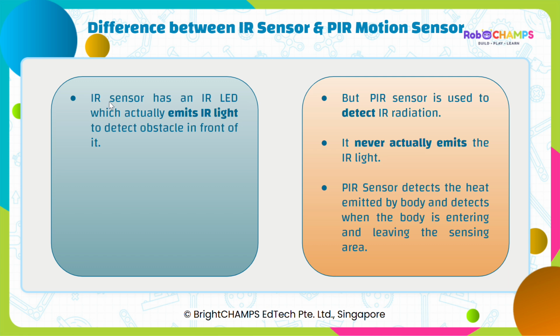Okay, so what's the difference between the IR sensor and the PIR sensor? The IR sensor emits IR light. As we know, the IR sensor gives light and receives it back, to know how much the distance is. But the PIR sensor is used to detect IR radiation.